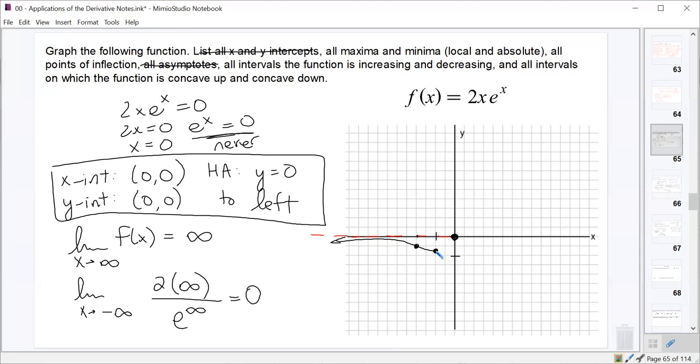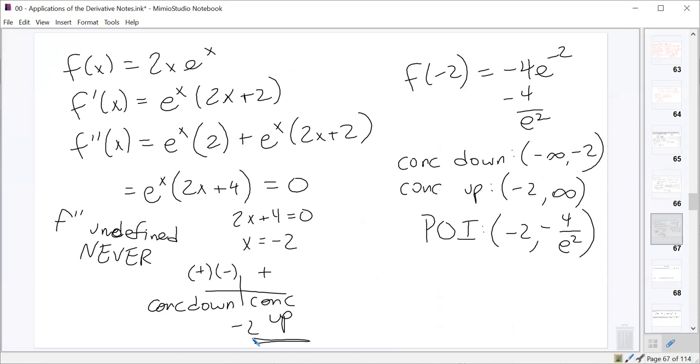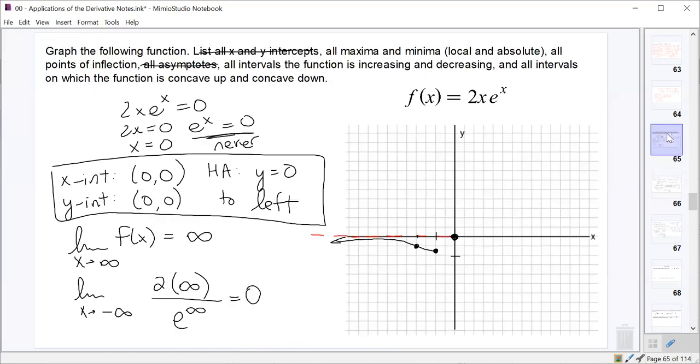So I made a little switch in concavity there, but I'm still approaching that horizontal asymptote of y equals 0 to the left. And then after x equals -1, I start increasing, and I stay concave up, according to my sign chart, for the remainder of the domain here. And I stay increasing, and I go through my x and y intercept at 0, 0. And that's what our graph ends up looking like. And that's going to be it for today.